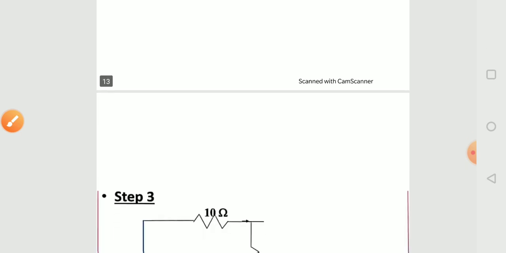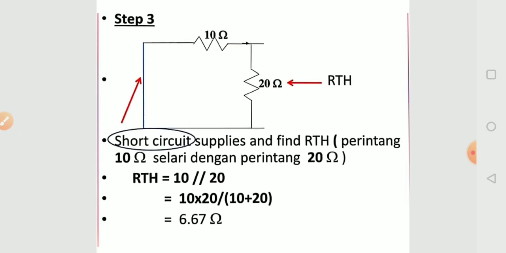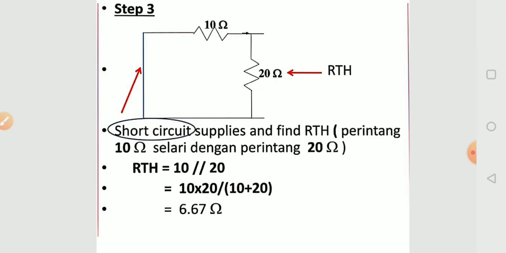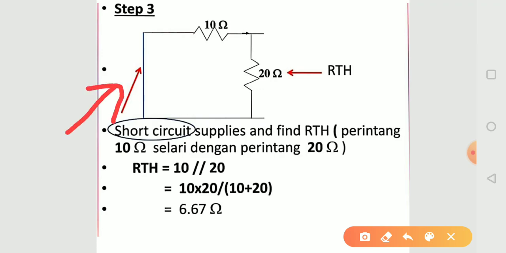Now the third step is to find the Thevenin resistance. We know that to find the Thevenin's resistance, we apply the rule that both voltage and current sources are replaced by their internal impedance. So here is only a voltage source, so we can short circuit it. After that our circuit becomes like this.